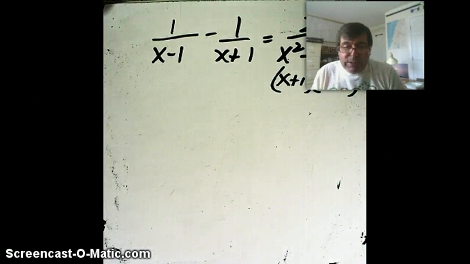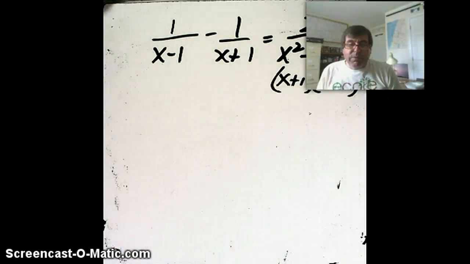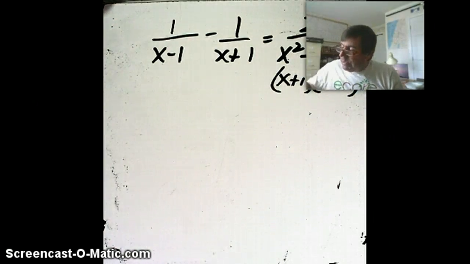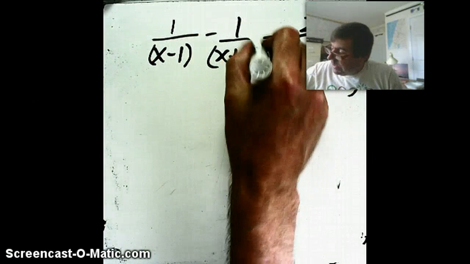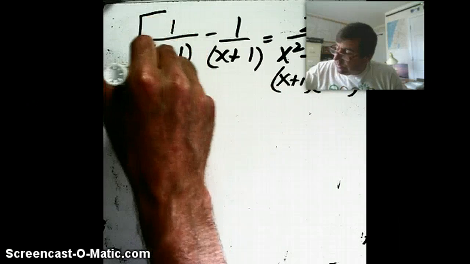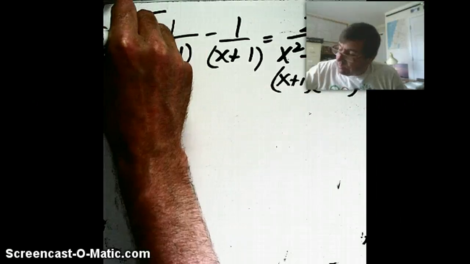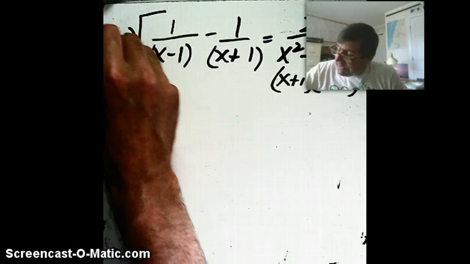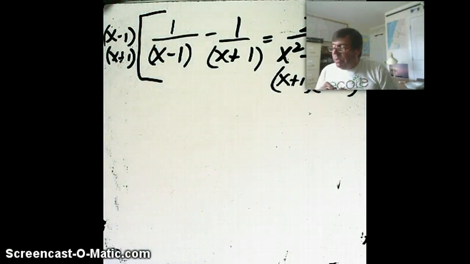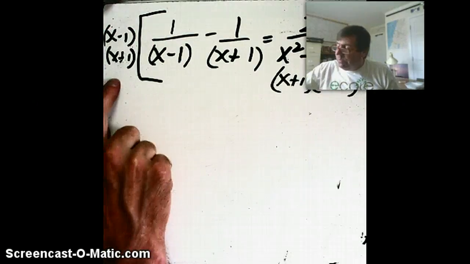Now the question is, what is the common denominator for the entire equation? That would be an x minus 1 factor and an x plus 1 factor. Now what I'm going to do, x minus 1, x plus 1, is in essence multiply both sides by these two factors.